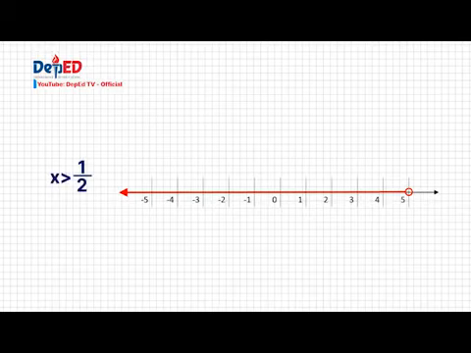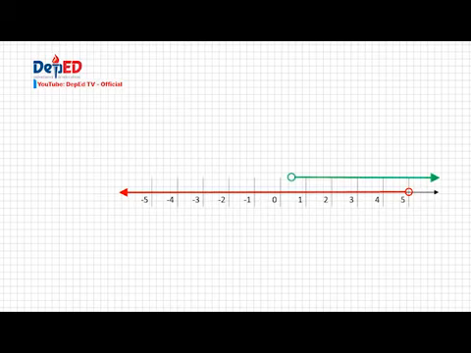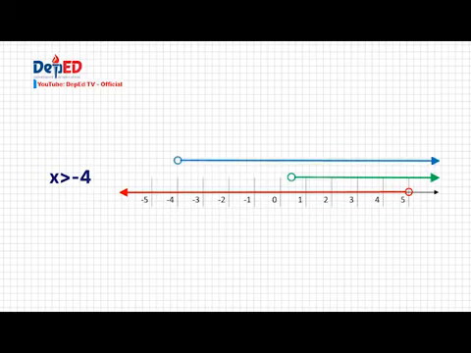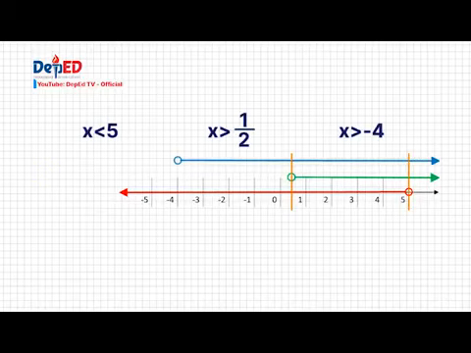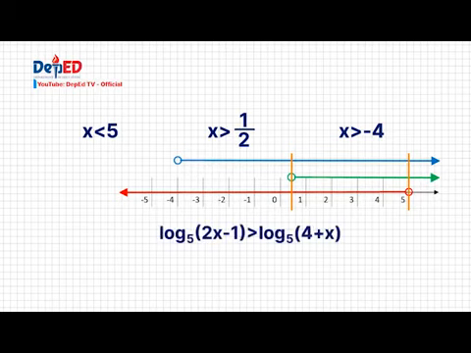For x is greater than 1/2, these are values in green color. For the third condition, x is greater than negative 4, these are values in blue. If you have noticed, the intersection of these lines are values from 1/2 to 5. And we take these values as the set of solutions for the inequality.